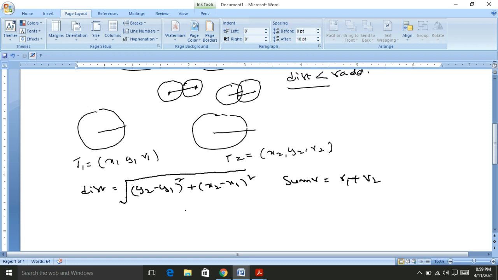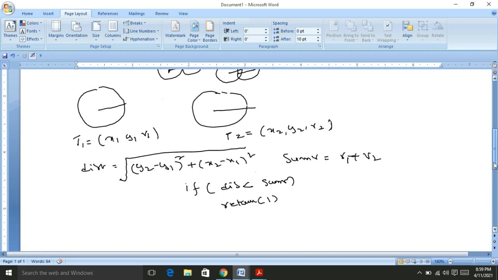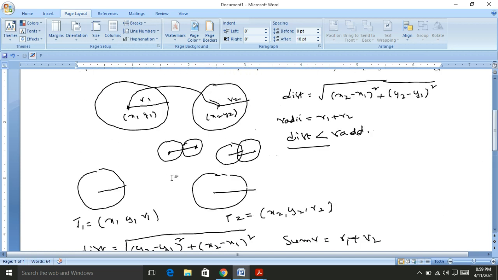Now again, if distance is less than sum of r, then I return true value, that means I return 1, else I return 0, right?